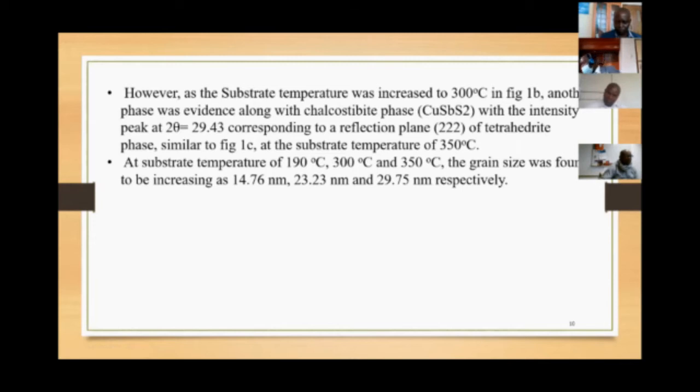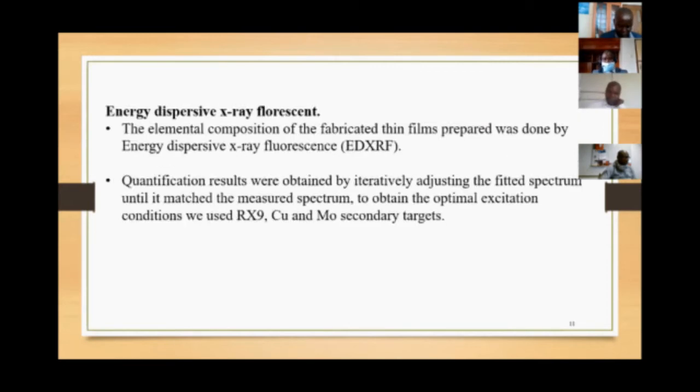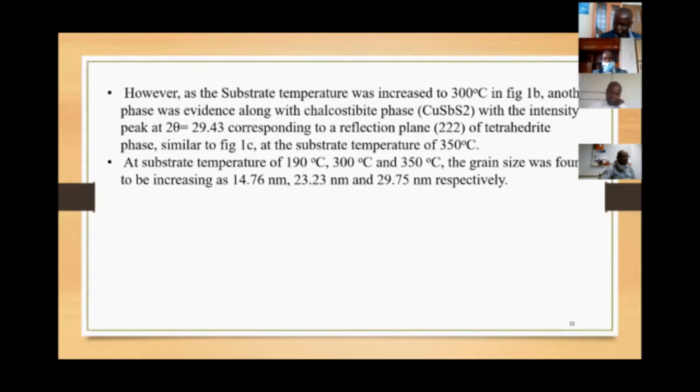Therefore, as the substrate temperature increased from 190 to 300 to 350 degrees Celsius, the grain size also increased from 14.76 nanometers to 23, and then to 29 nanometers respectively. This shows that as we increase the temperature, the crystalline phase also changes.